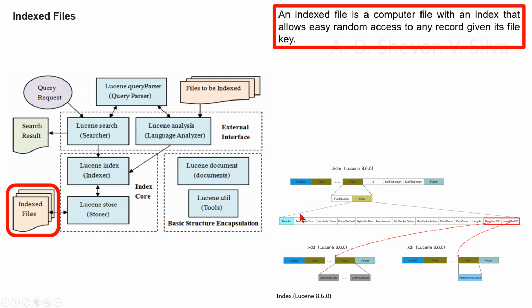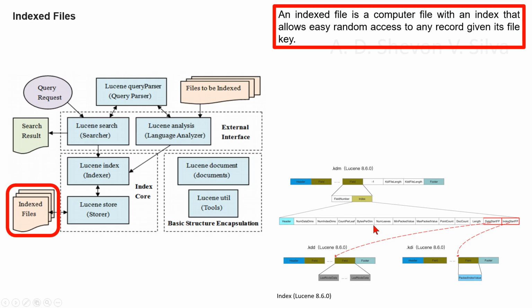Here num data dims describes how many dimensions we are storing at the leaf data nodes. Num index dims describes how many dimensions we are indexing in the internal nodes. Count per leaf describes the maximum number of points in each leaf node.